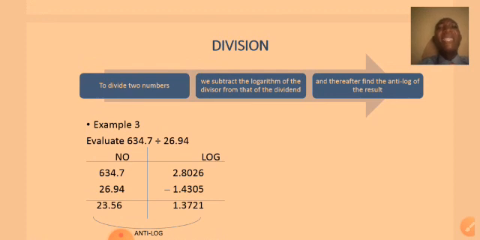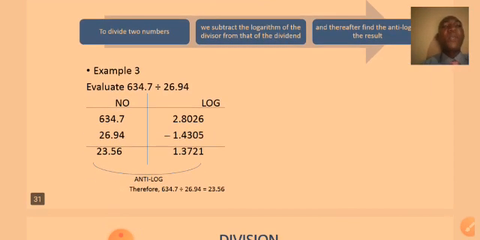So let's see this example 3 now. We have 634.7 to be divided by 26.94. The dividend there is 634.7. And the divisor is 26.94. Isn't it? Good. So let's follow me with this process now.